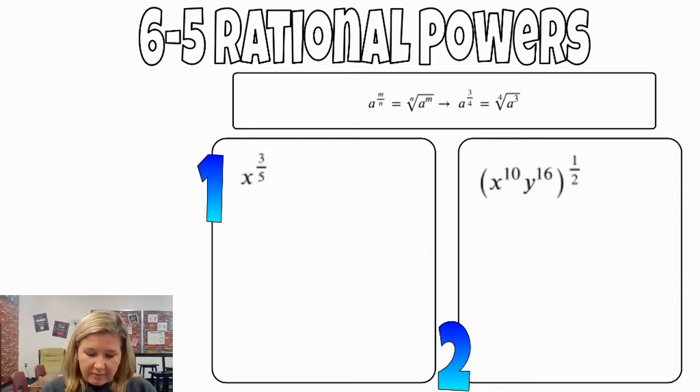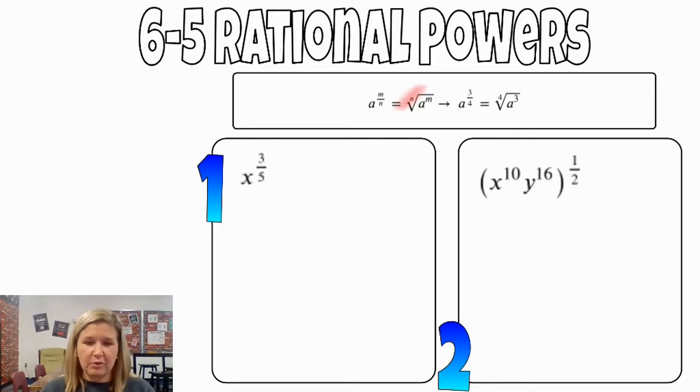So our rule that's going to be on the formula chart is a raised to the m divided by n power, like a fraction, is going to be equal to the nth root. So that's where that little n comes from out here in front. So the nth root of a to the m power. Basically the denominator goes out in front and the numerator goes with the variable underneath the radical sign.